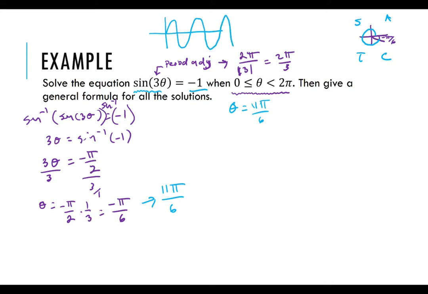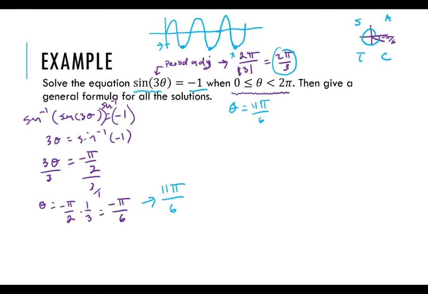Now the question is how many times does the new period force this function to occur between 0 and 2 pi? Since our period is 2 pi thirds, I'll let you know that it ends up being 3 times. And so the locations where this ends up being negative 1 are here, here, and here. I claim that this one over here actually ends up being 11 pi sixth.